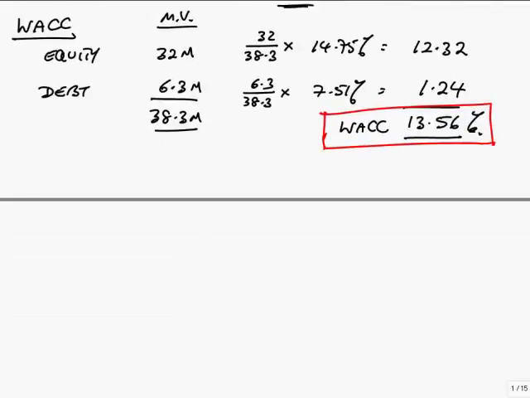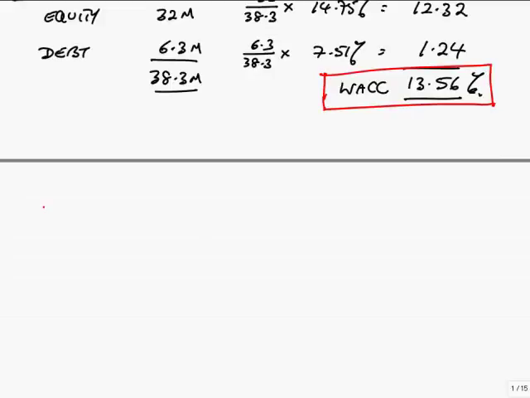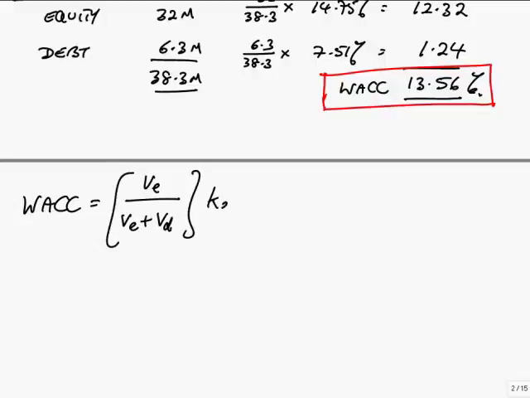It's 3 up from the bottom, and you don't need to write this down because you've got it in front of you, but it says WACC, weighted average cost of capital, is VE over VE plus VD times KE, VD over VE plus VD times KD, 1 minus T.